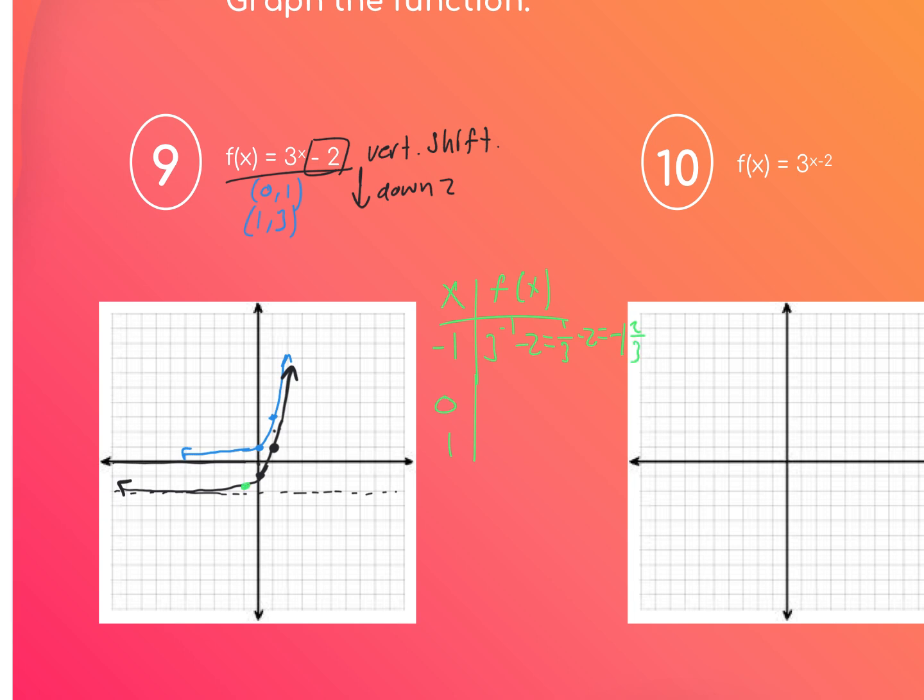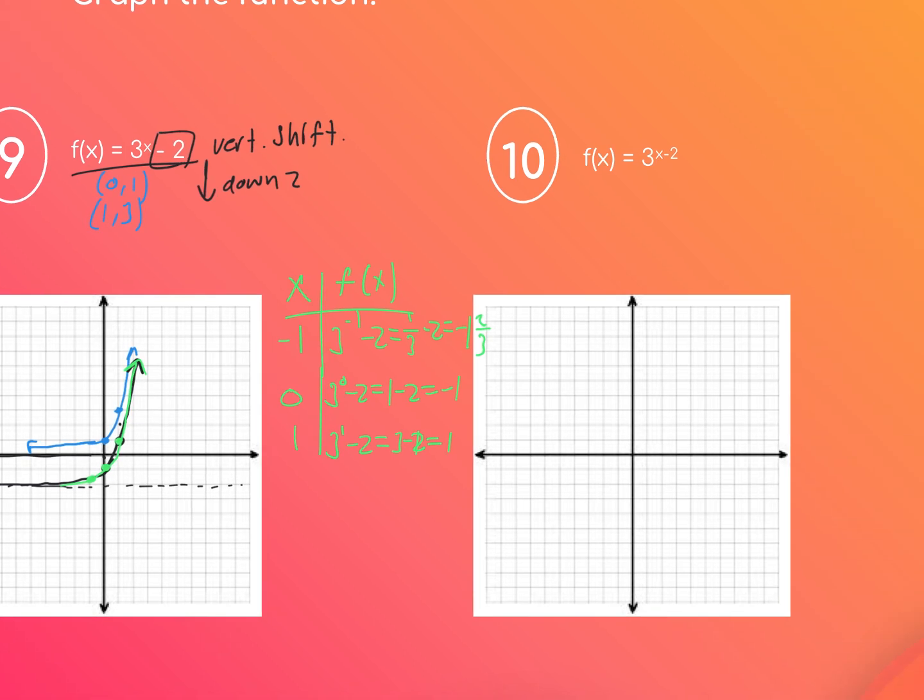So somewhere right there. For 0, 3 to the 0 minus 2 is going to be 1 minus 2, which is -1. 3 to the 1 minus 2 is going to get you 3 minus 2, which is 1. So we do get those points right there, and that's enough to graph our exponential function.